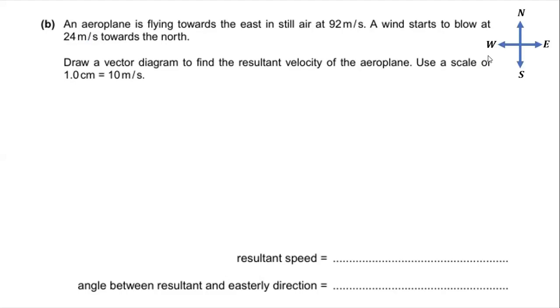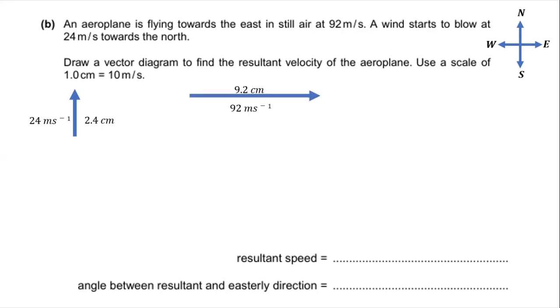So here this is a representation of the directions north, south, west and east. First of all we take our ruler and measure 2.4 centimeters, which is 24 meters per second according to the scale.